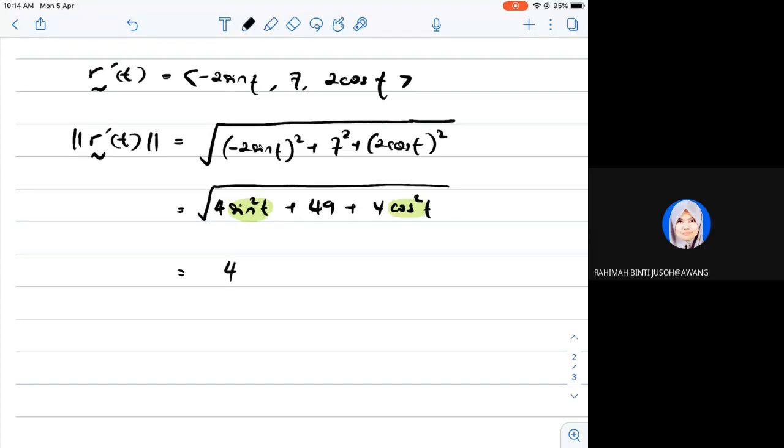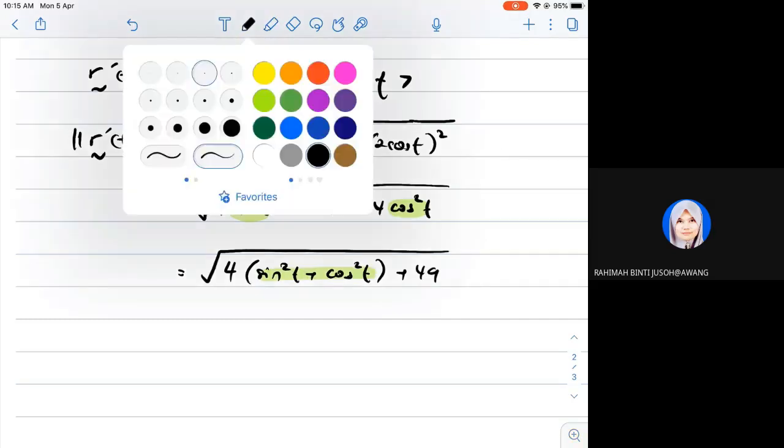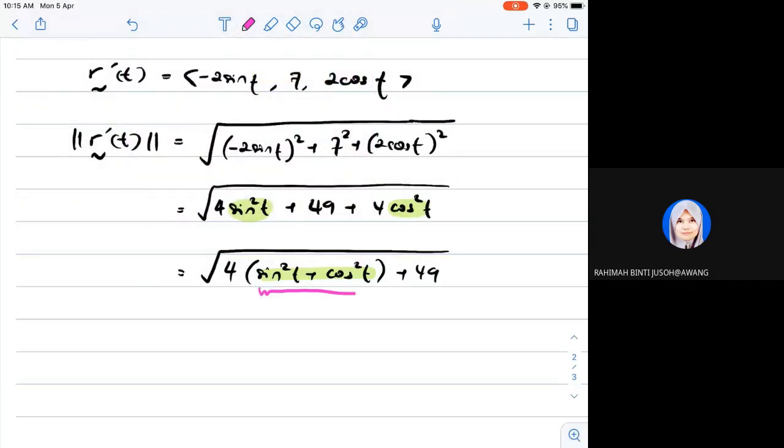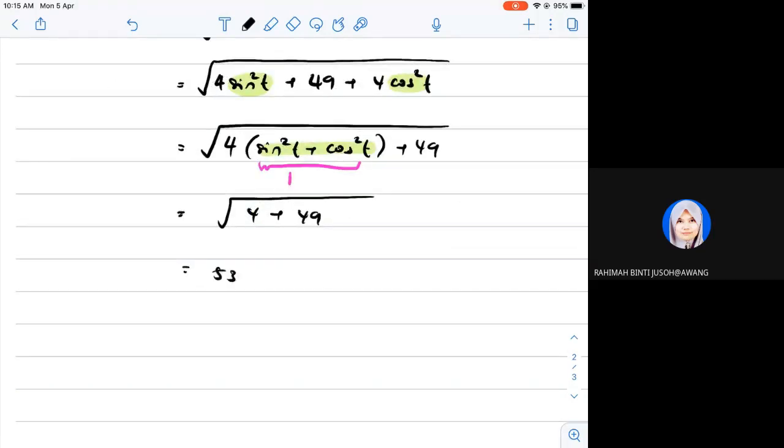So we will have 4 times sine squared t plus cos squared t, plus 49. Alright, so as we know here, by using the trigonometric identity, we can have 1. Therefore, we will have 4 plus 49 equals 53, square root of 53.